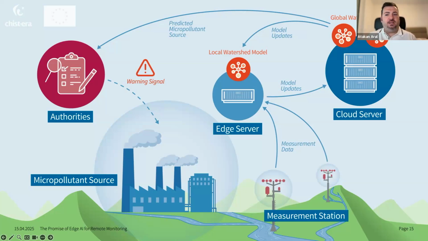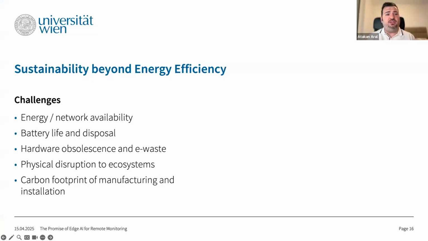As I said, we also focused on the sustainability of the monitoring system and the processing system. We go beyond energy efficiency, because energy efficiency is the first thing that comes to mind, but there are other aspects beyond that. There are challenges with energy and network availability, and as I said before, if you use batteries, battery life is a problem.